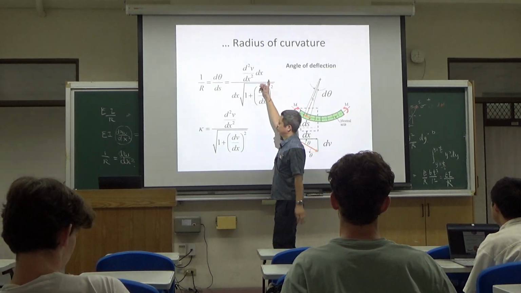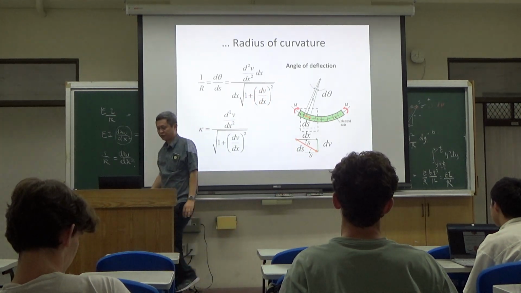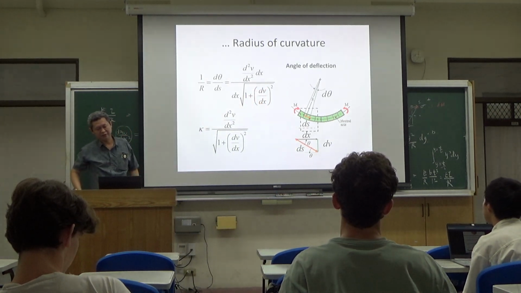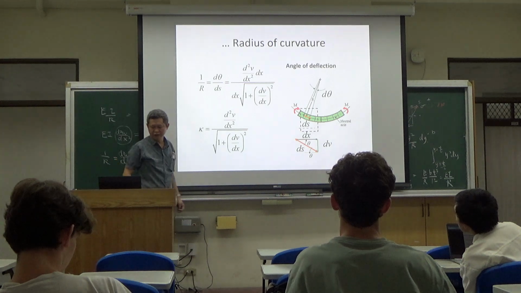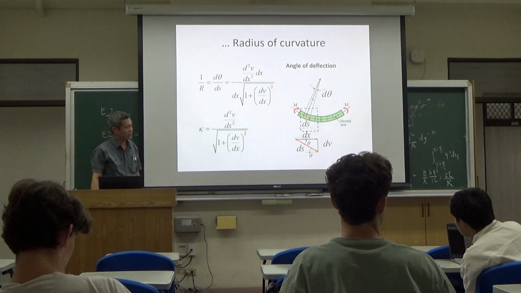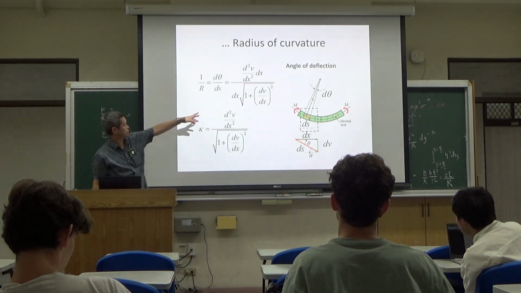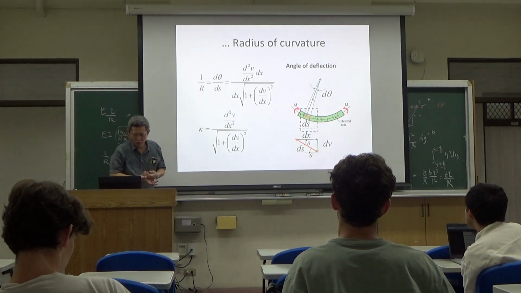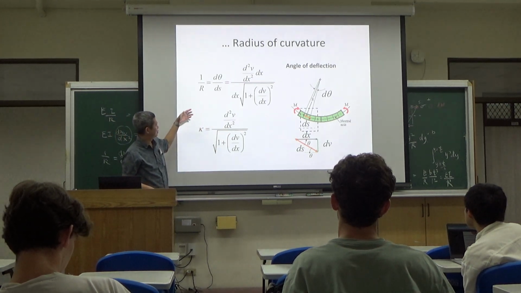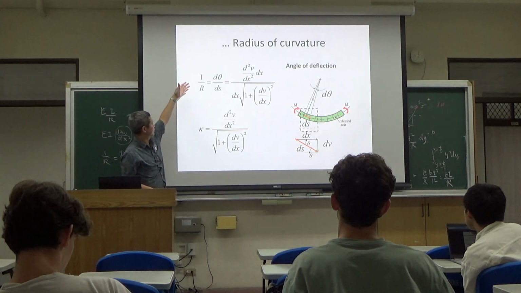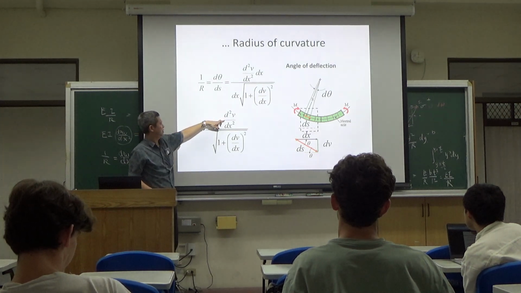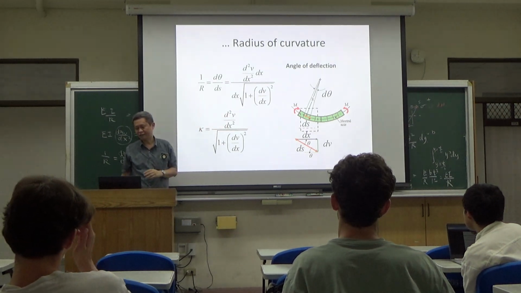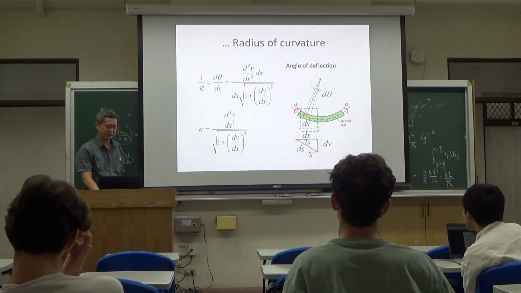That can be expressed as the second order derivative of the curve times dx divided by the square root of 1 plus the gradient squared. In the case where the gradient is small, the inverse of the radius of curvature can be expressed as the second order derivative of the vertical displacement.